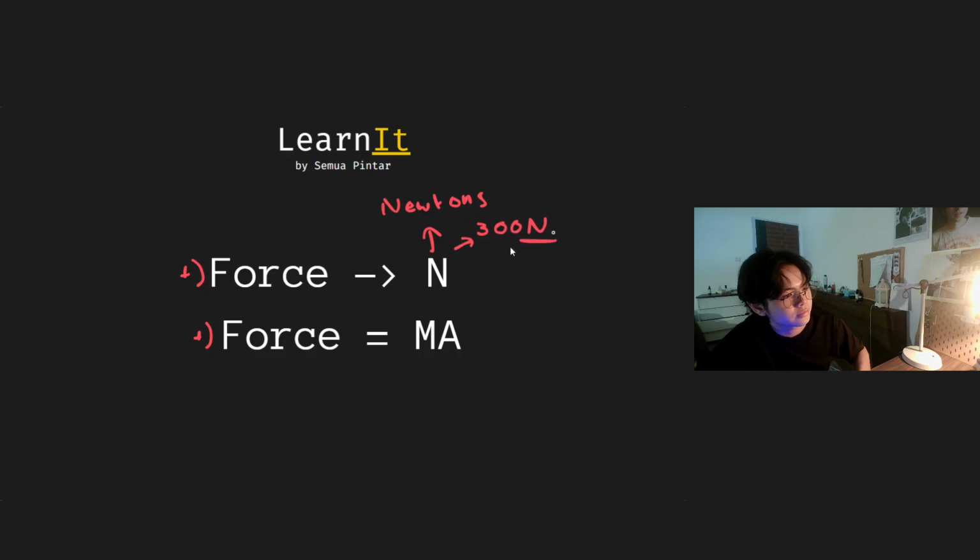Second is force equals MA. What MA means is M multiplied by A, M times A, same thing. But we might want to question what M or A is. M, in simple terms, is the mass, and A is the acceleration.